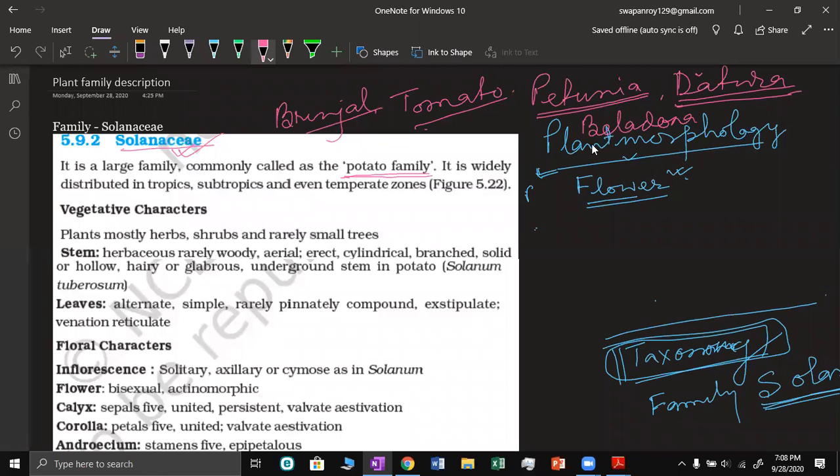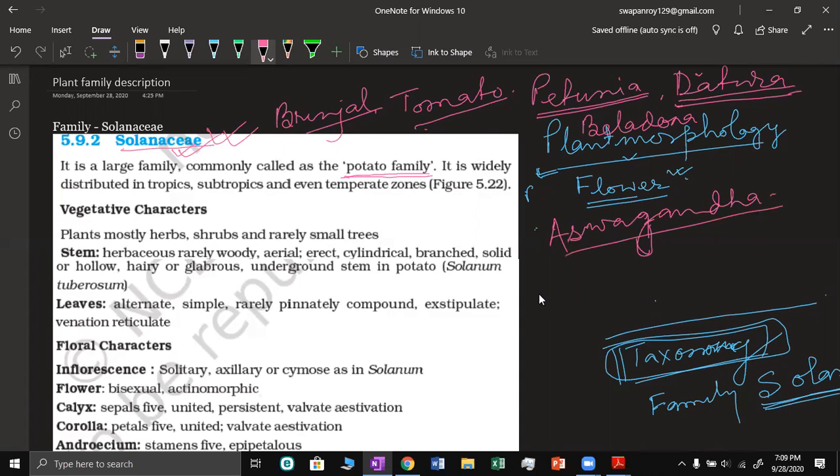And these days you hear on TV and other advertisements about increasing the immune system. In that you also hear about ashwagandha. These are plants belonging to this family.